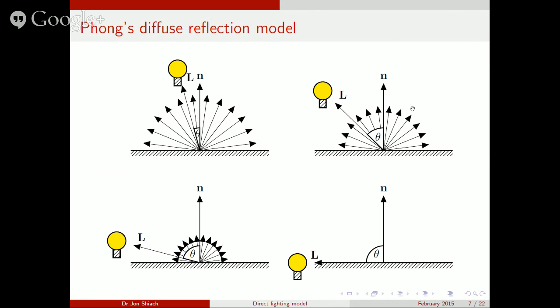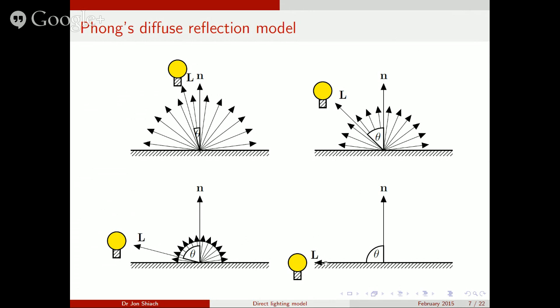Those rays are still reflecting in all directions, we've just reduced their size a bit. On the bottom right, we've got quite a large angle, almost 90 degrees, so we've got quite small magnitudes of our vectors.